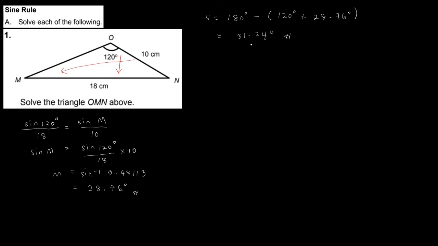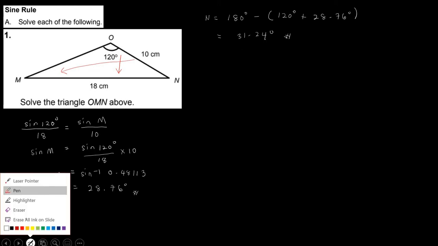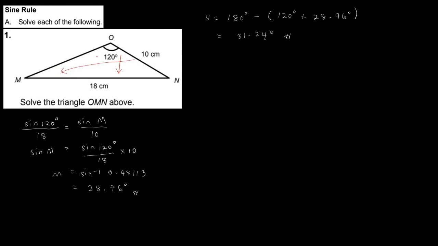What's left is one more side. Okay, the side which is opposite to the angle N. So again, we can use sine rule. Okay, the length of OM equal small n.